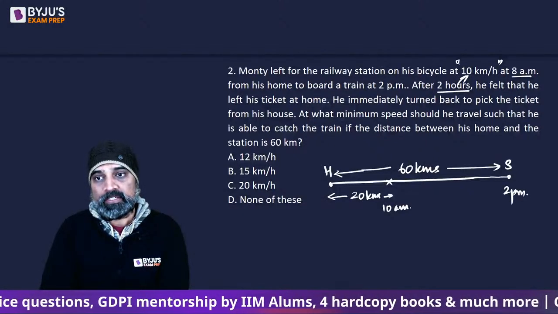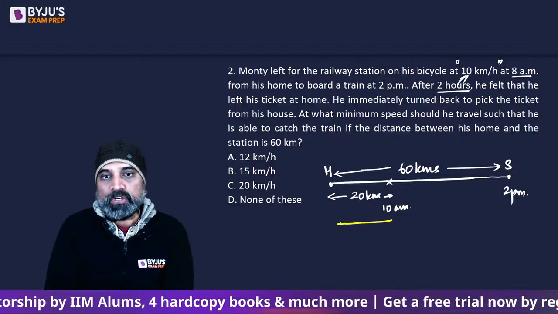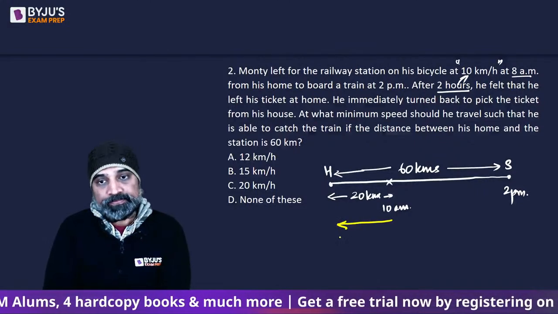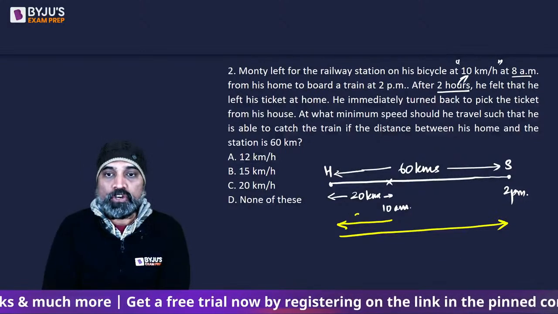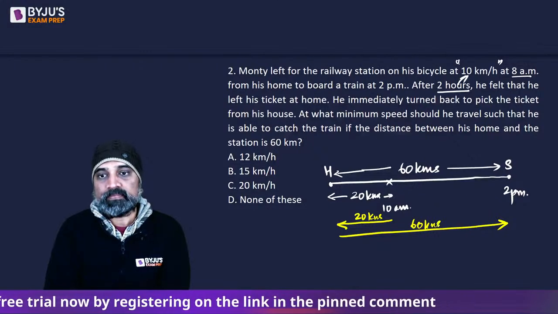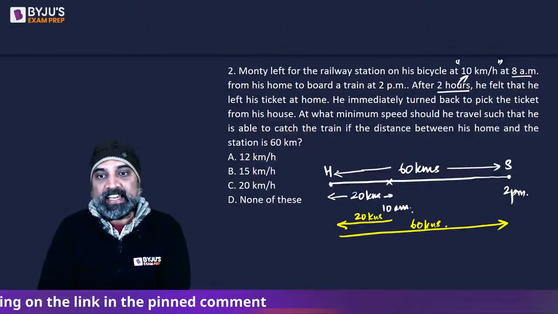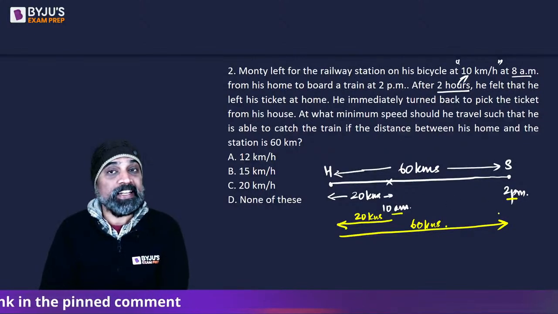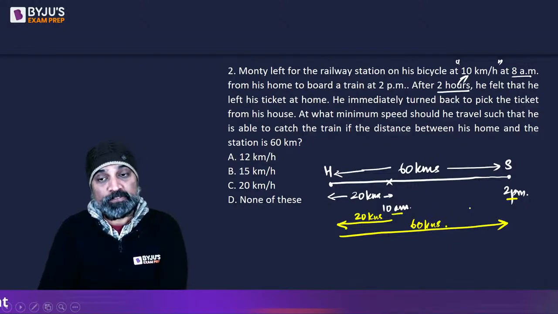Now what he has to do is go back to his home and then from home reach the station. So which is going to be 20 kilometers and another 60 kilometers. So he has to cover 80 kilometers now. But the time he has to cover these 80 kilometers is just 10 a.m. to 2 p.m., that's 4 hours.